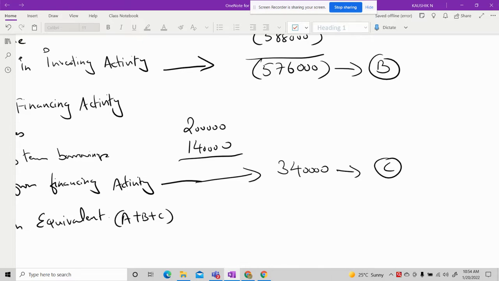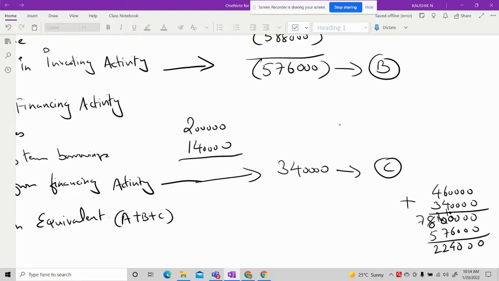Got the concept? 4,60,000 plus the positive figure 3,40,000 gives rupees 8 lakhs, and from this 8 lakh I take away 5,76,000.